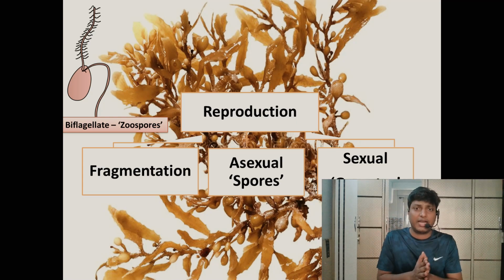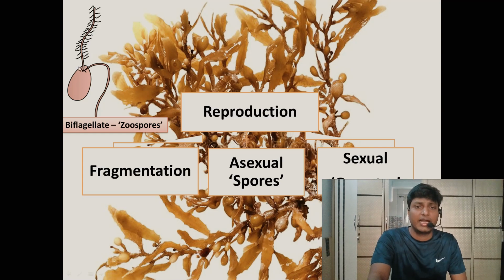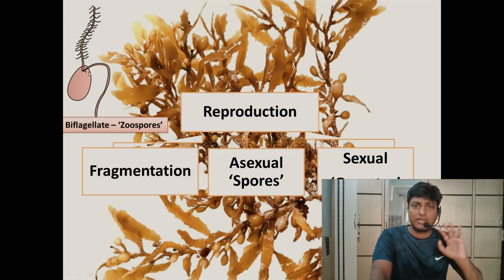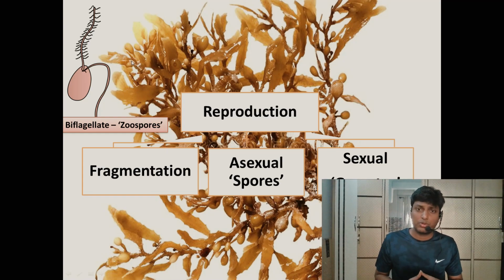Flagella is nothing but thread-like structure. As you can see on the screen, the zoospore has got two thread-like structures, and these are known as flagella, and that's why they are known as biflagellate spores. Also the shape of the spore is pear-shaped. So please remember that these zoospores have a pear-shaped structure.